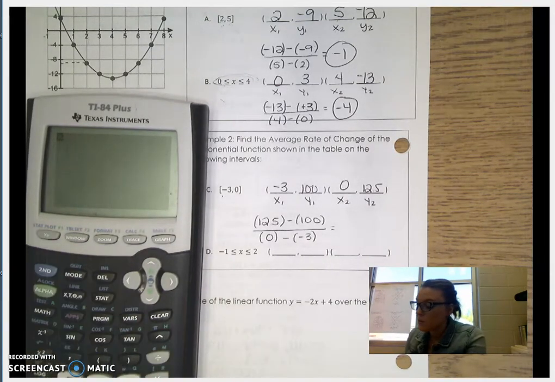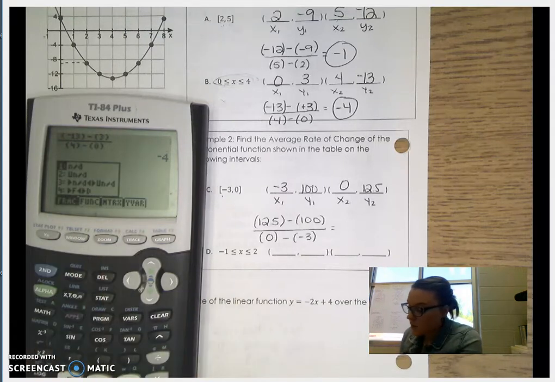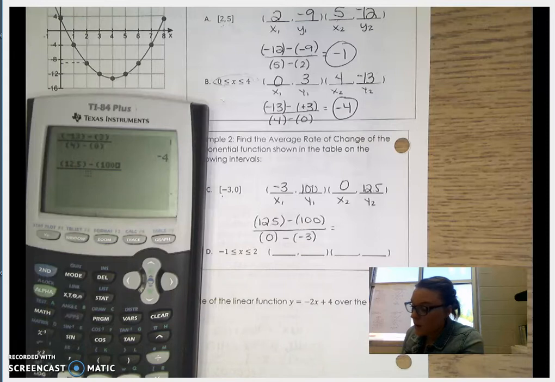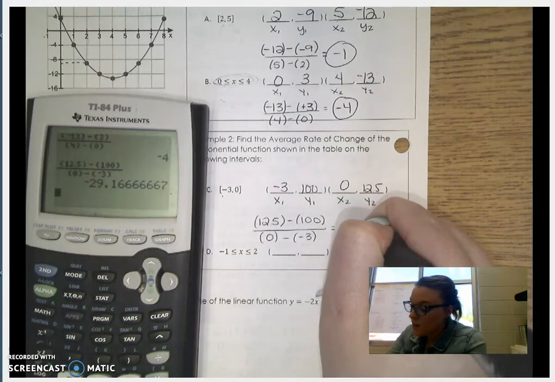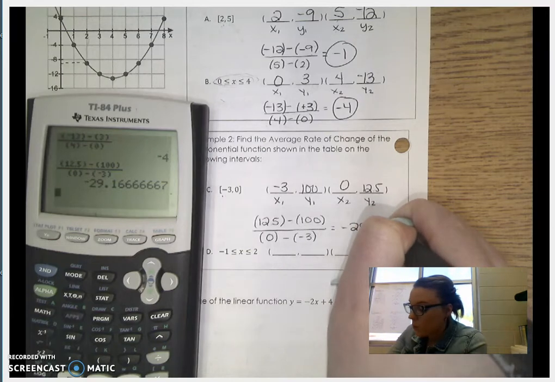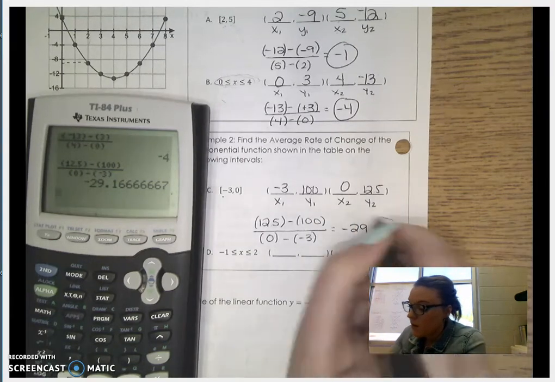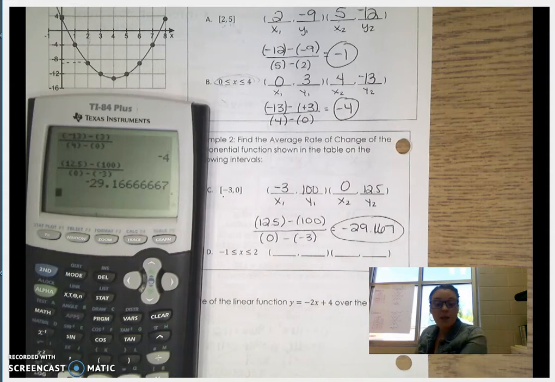Alpha y equals enter. 12.5 minus 100 divided by 0 minus -3, and I get -29.167.